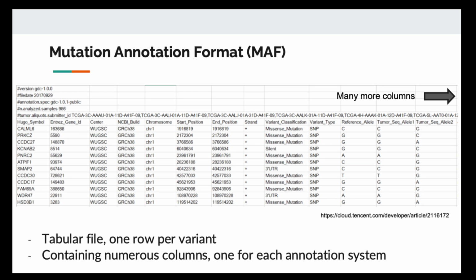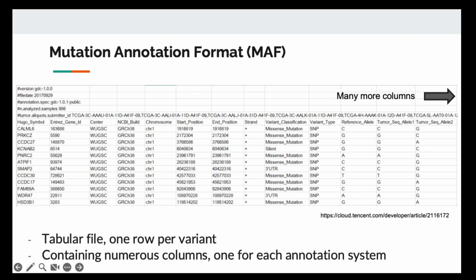And again, there is another file format called MAF, or mutation annotation format. So for each row, again, is one mutation, similar to VCF, but instead of having just the raw data of what the mutations are, MAF files will also include all the annotation.